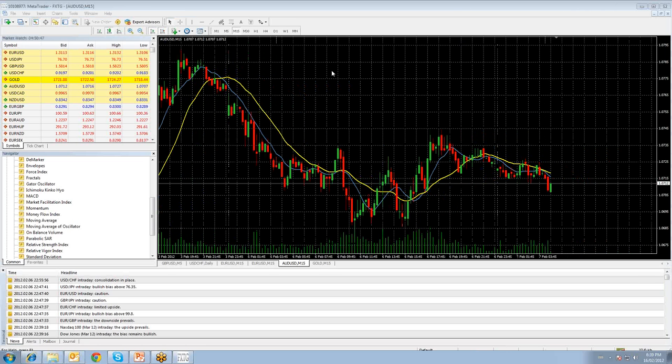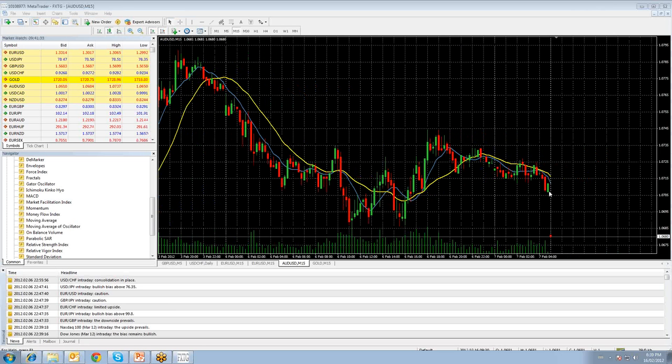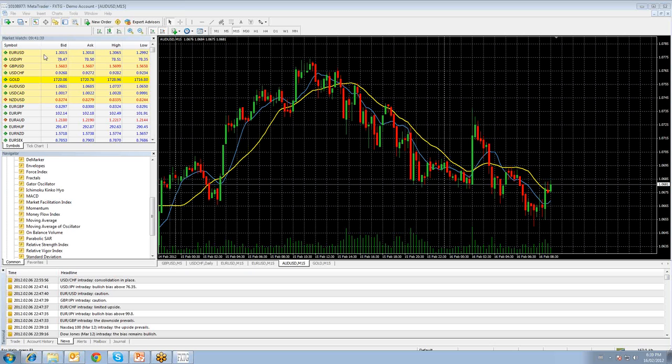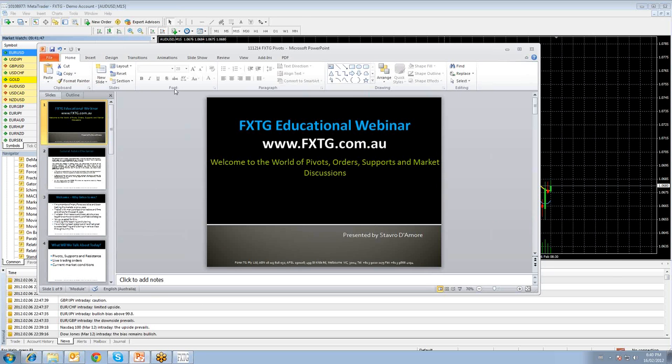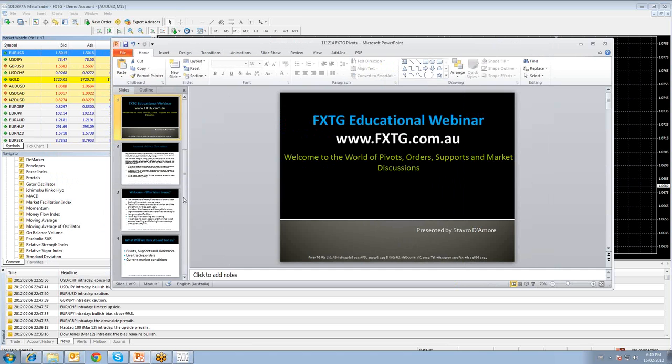Looking at this chart, you look at a high plus low, and the way you get your high plus low is simply on your MetaTrader. You can see your high here and you can see your low. We've got it calculated for a 15-minute chart, so that's how you would do your calculation on this.